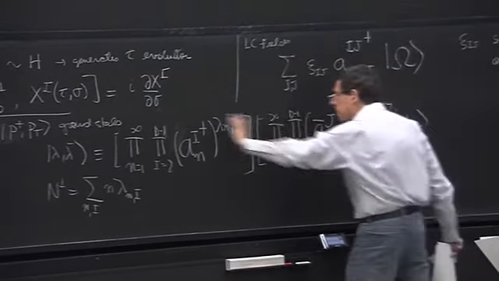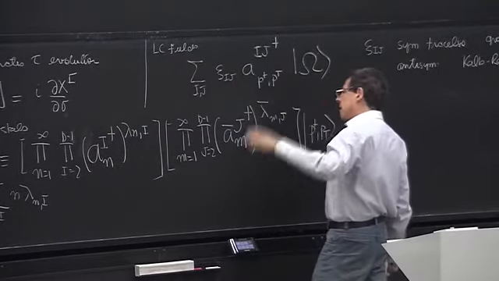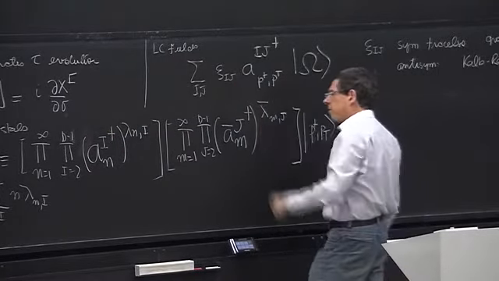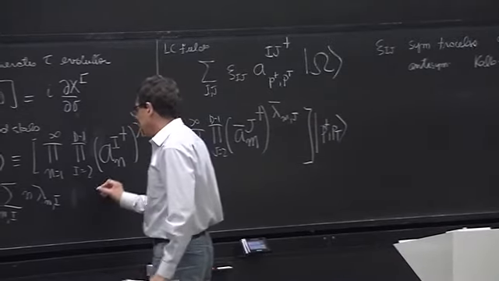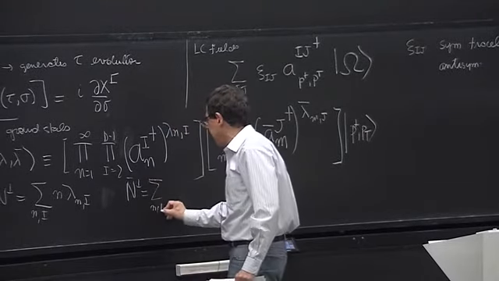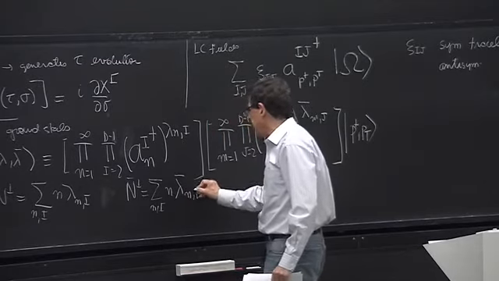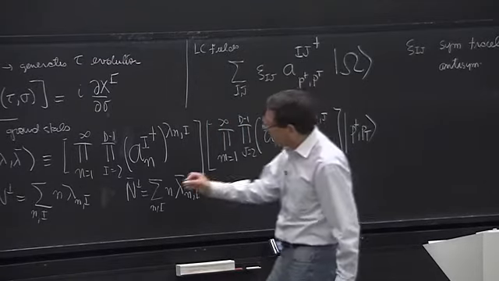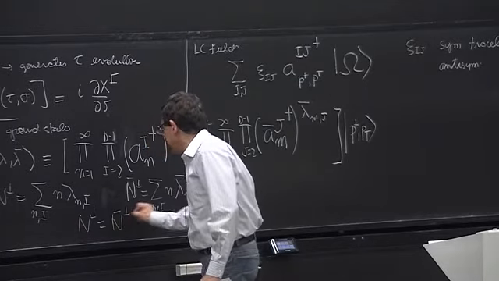But the total number from these oscillators, right-moving oscillators, must be equal to the total number from the left-moving oscillators. So this must be equal. Well, I'll write N bar perp is the sum over n and i again, n lambda bar n i. I don't have to use j's there. And of course, these two numbers must be the same.